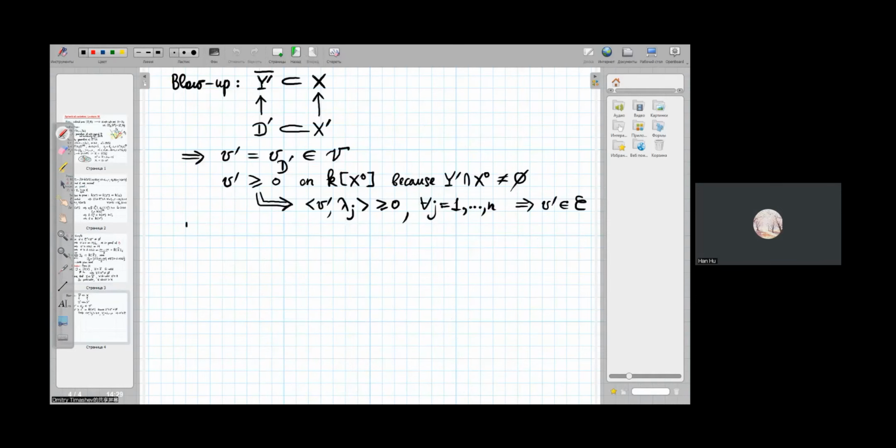If Y is not contained in the closure of Y prime, then there exists a function f which is regular on X naught, and such that it does not vanish identically on Y, but it vanishes identically on Y prime.